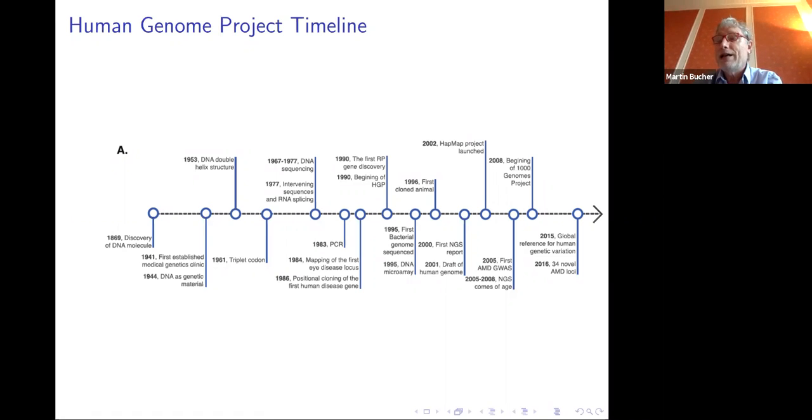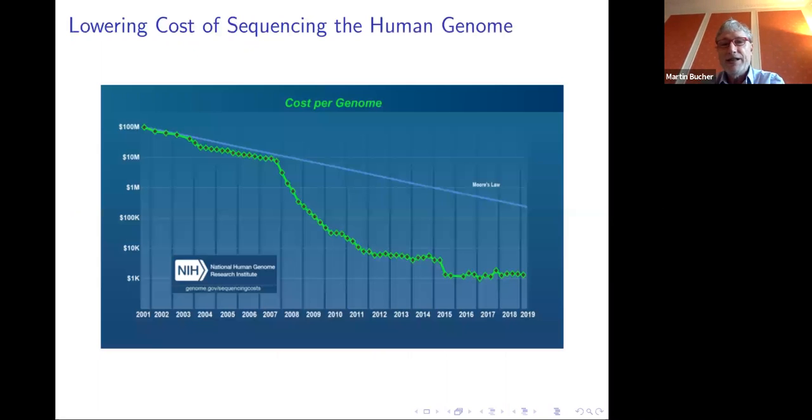You take this data, and if you know the genomes of the patients, then you can establish correlations and you can predict right off what will work. So that's one of the applications of this.